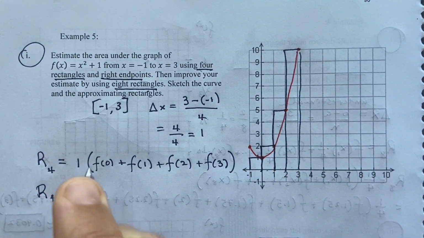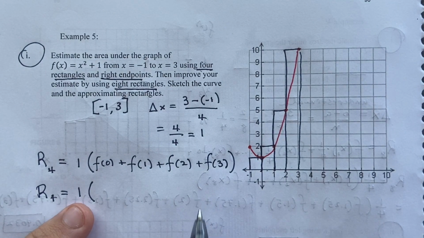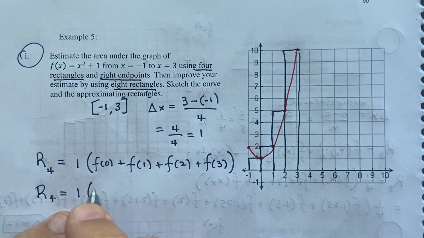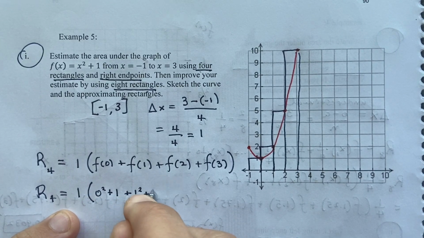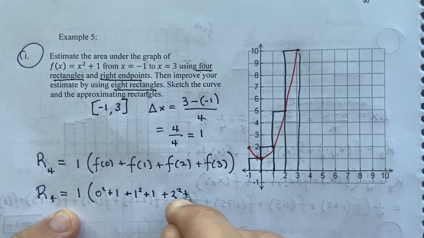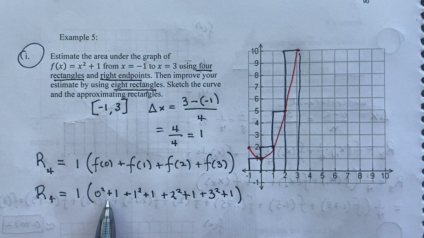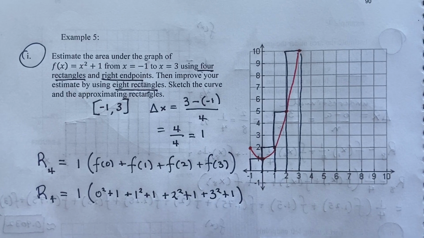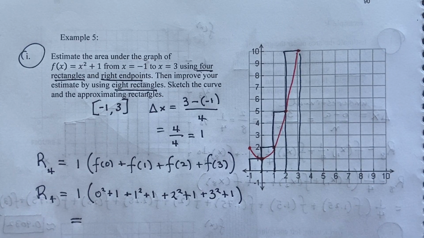So R sub 4, we'd have 1 times f of 0, which is 0 squared plus 1, plus 1 squared plus 1, plus 2 squared plus 1, plus 3 squared plus 1. These are all the function, x squared plus 1. So let's see what we get.